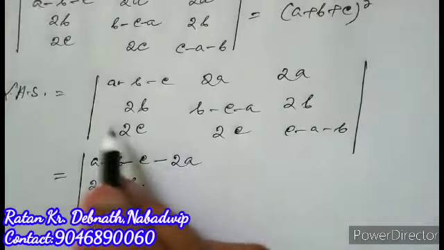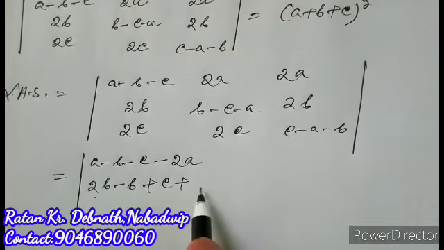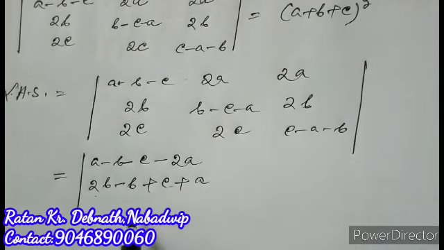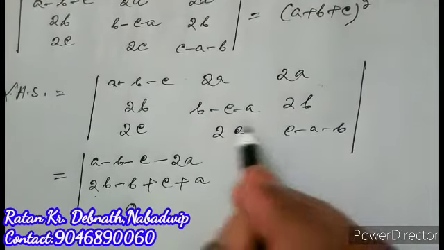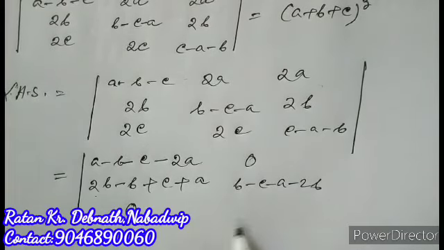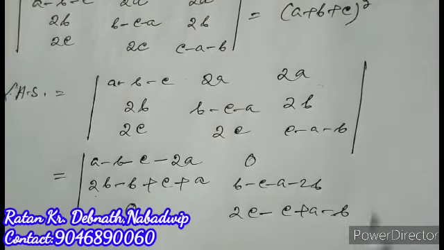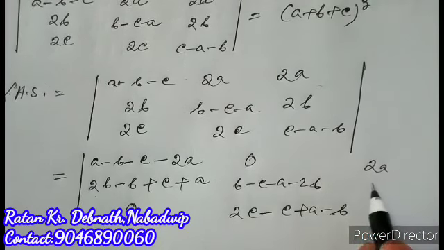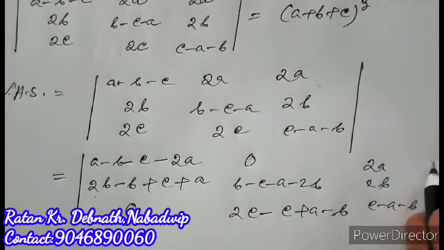So 2b minus b plus c plus a, here 0. 2a minus 2a results in 0. b minus c minus a minus 2b, 2c minus c plus a plus b, 2a, 2b, c minus a minus b.